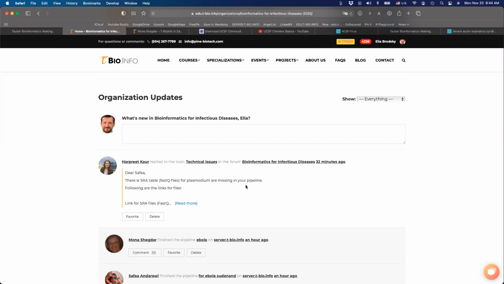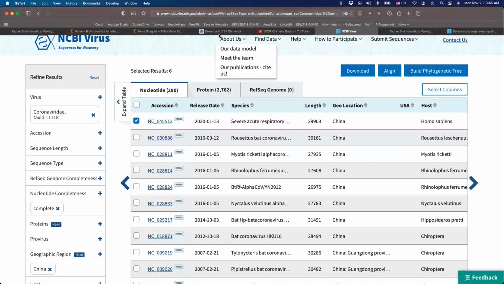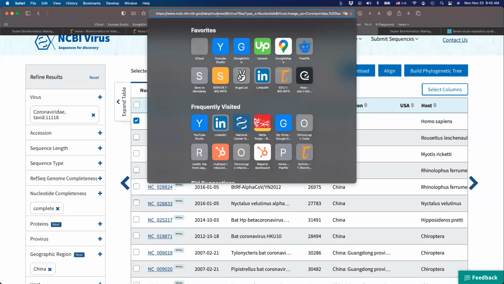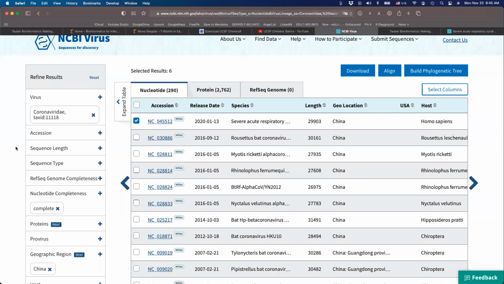And Anita, sorry that I'm not giving the file, but have you been able to find those sequences on NCBI Virus? Okay, I'll take that as a yes.